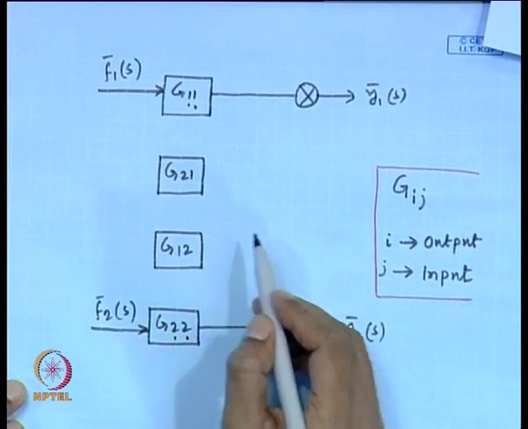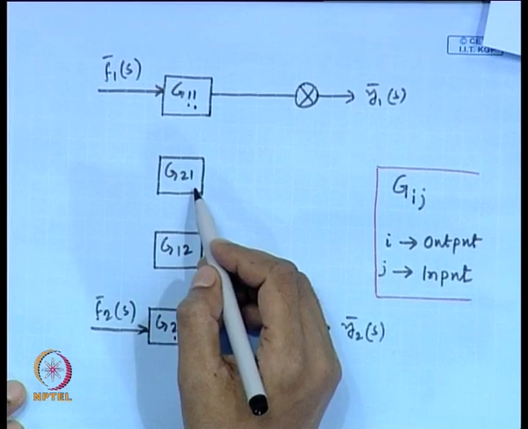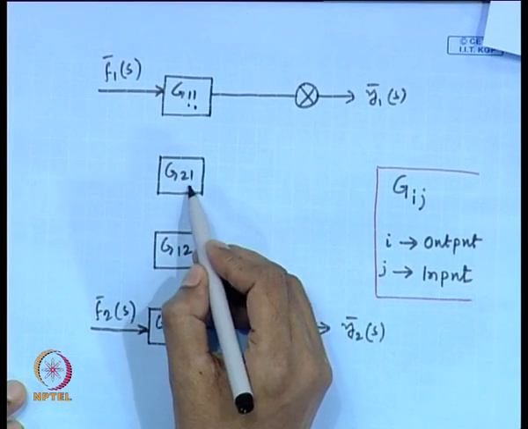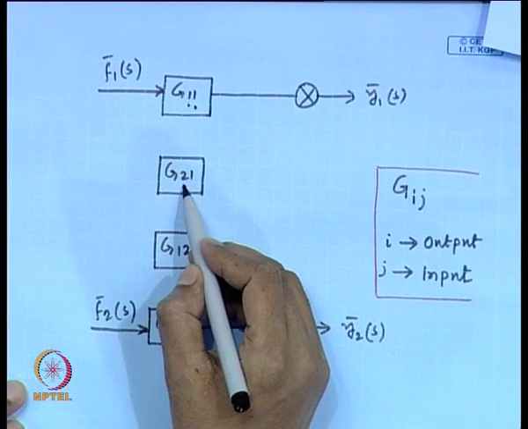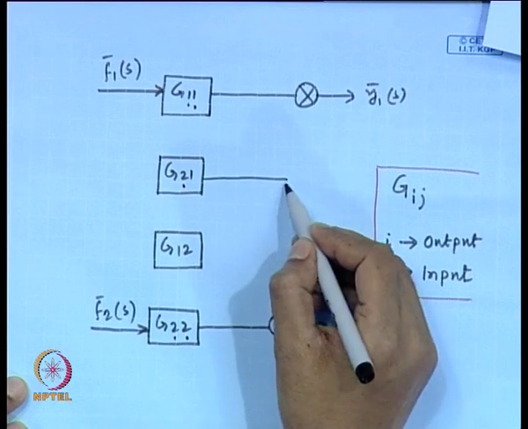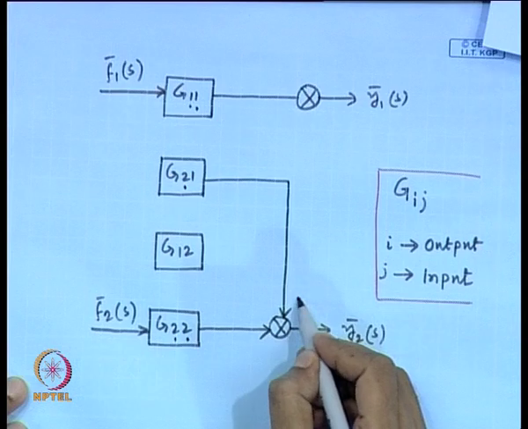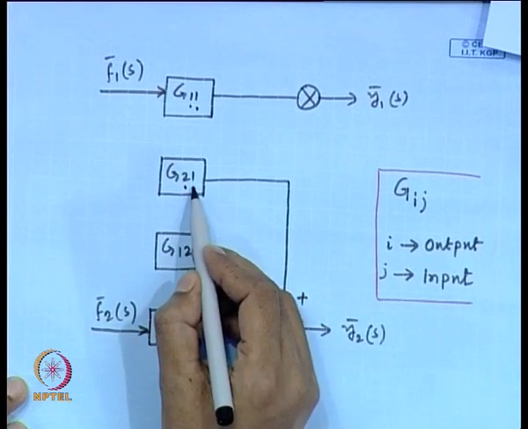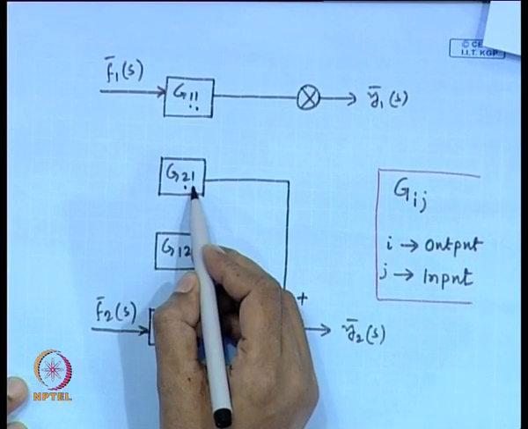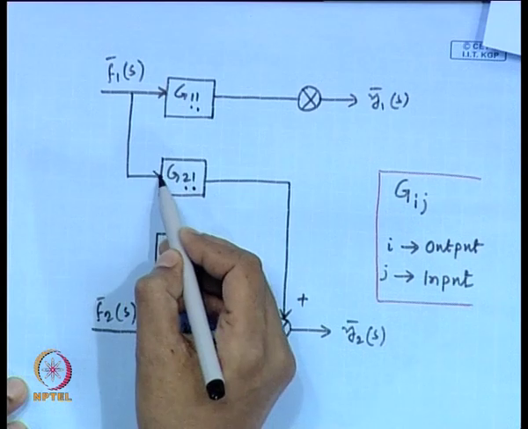So, how we can add the input and output streams with this G21? You see G21 first suffix is 2. So, the second output. Second suffix indicates the input, that is first input, that means f1. So, we will add f1.